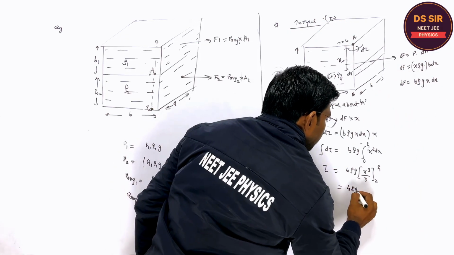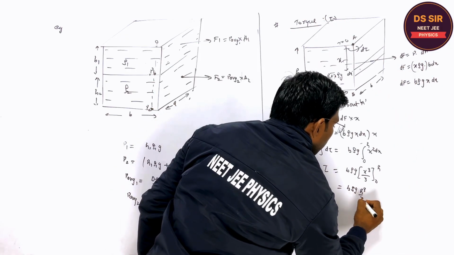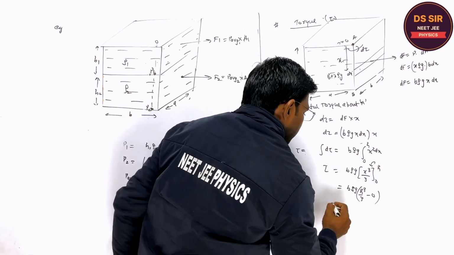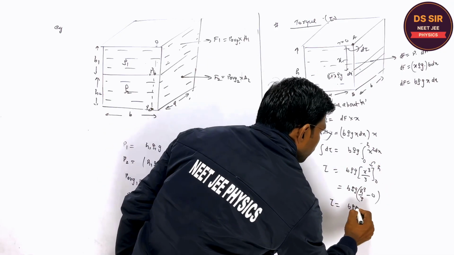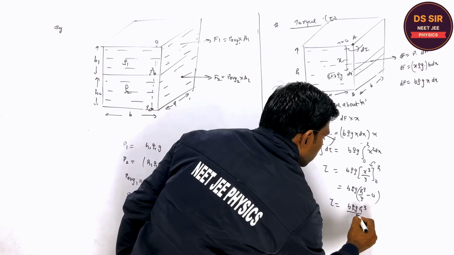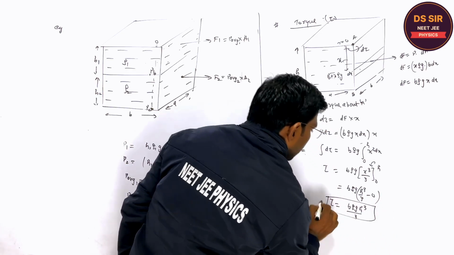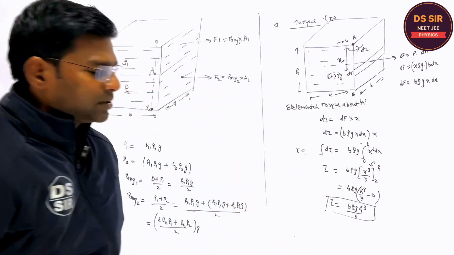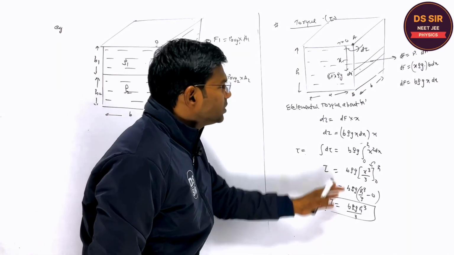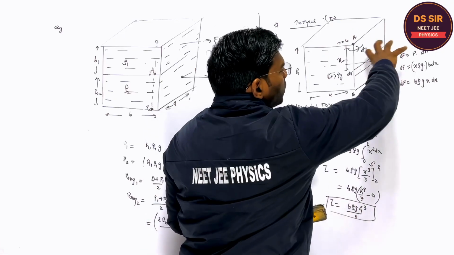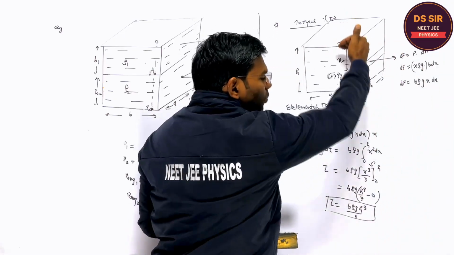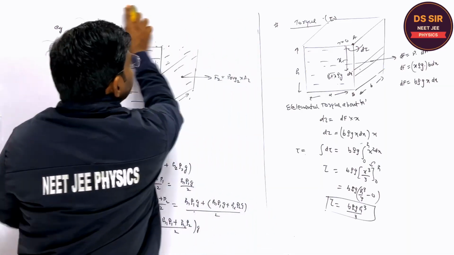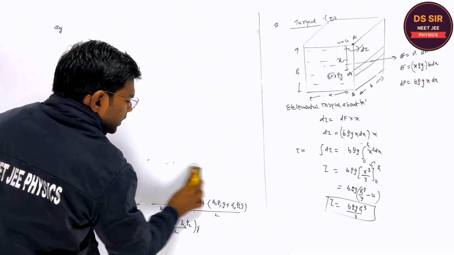Say B rho g x cube upon 3 minus 0. When you put upper limit minus lower limit, the net torque is B rho g h cube upon 3 about point A. Is it clear or not? Copy this. So now this is the net torque about this point of the force. Because the force is varying, the depth is varying, right? Therefore the torque will be calculated using the integration.